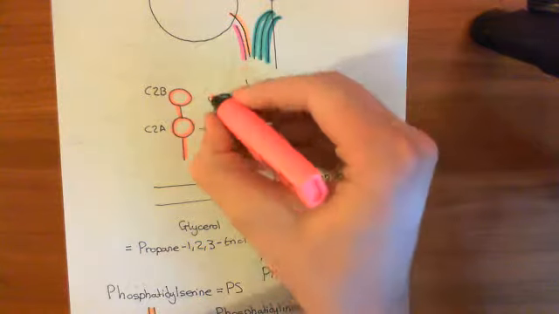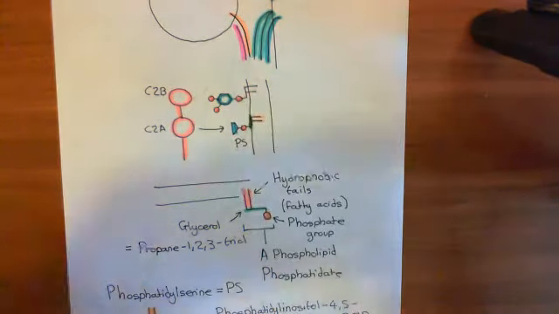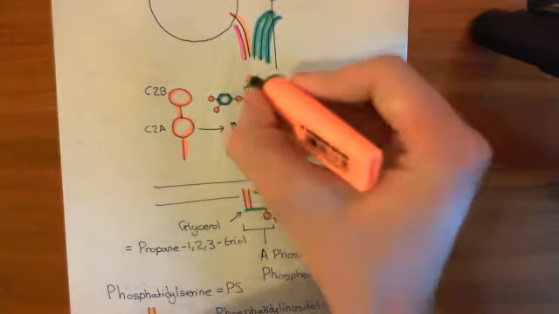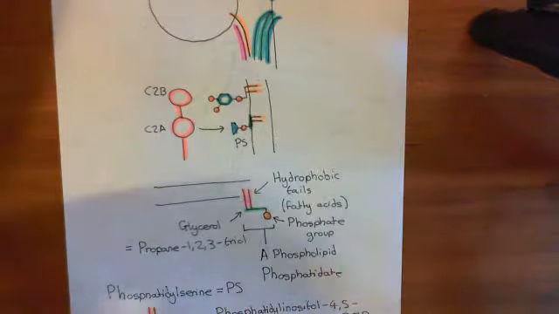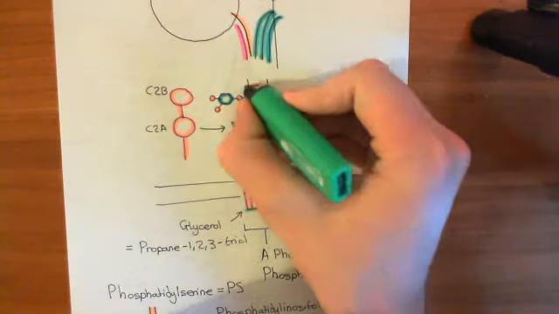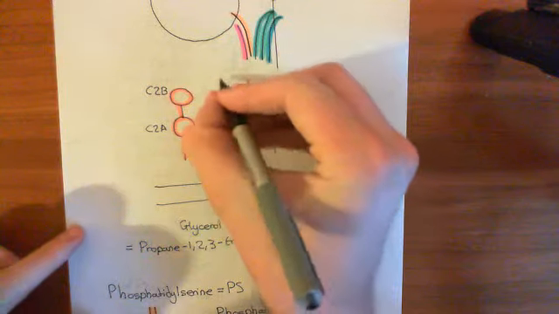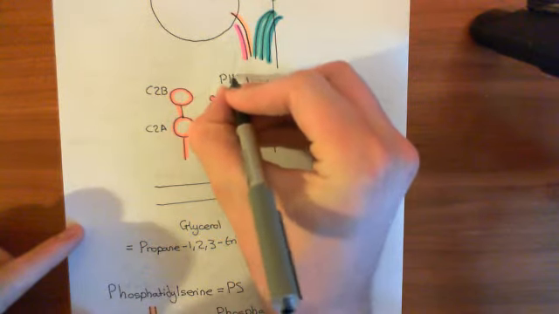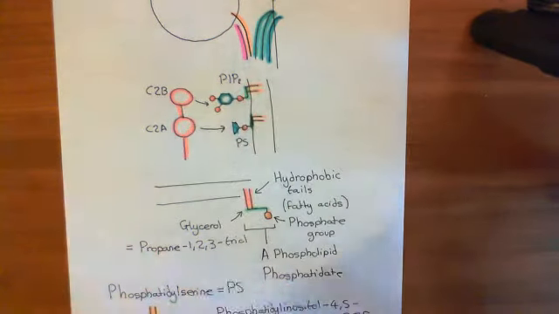Here are our phosphate groups off the 4th and the 5th carbon, then the phosphate group of the phosphatidate molecule, and then here are the long-chain carboxylic acids, which are esterified to this glycerol molecule here. Okay, so this is PIP2 here, phosphatidyl inositol 4,5-bisphosphate. And the C2B domain is going to bind to that once it's had calcium bind to it.